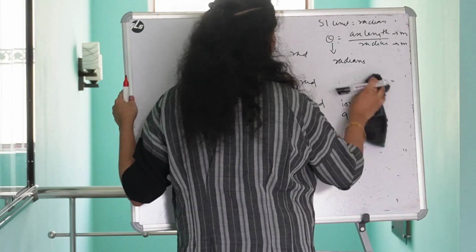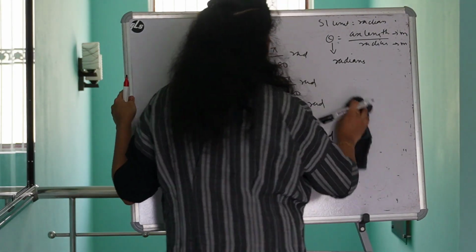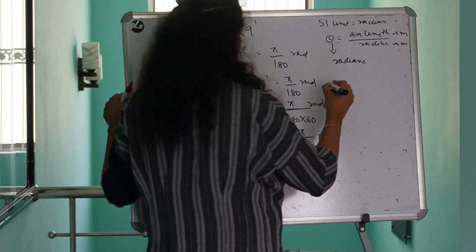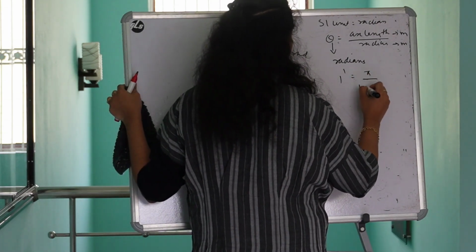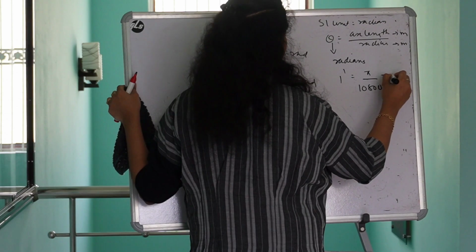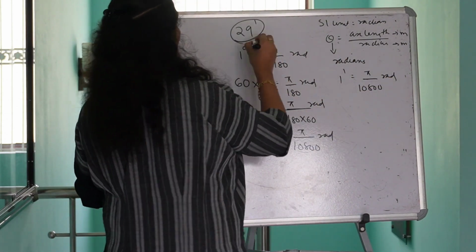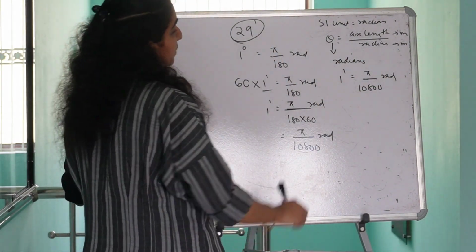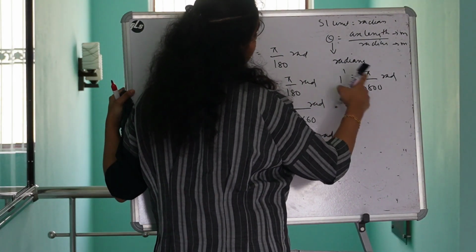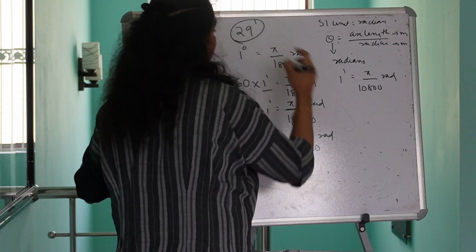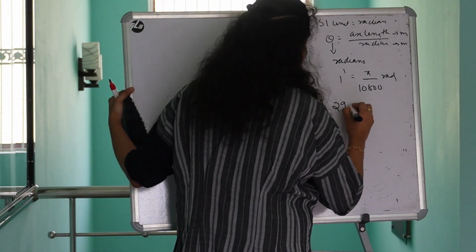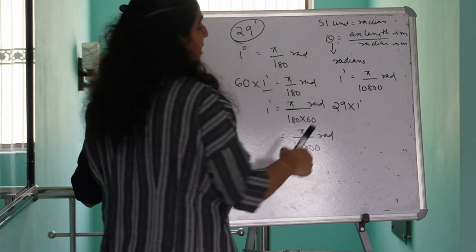So now we have to find what 29 minutes is in radian. I know 1 minute is equal to pi divided by 10800 radian. To get 29 minutes, I simply multiply 1 minute by 29.